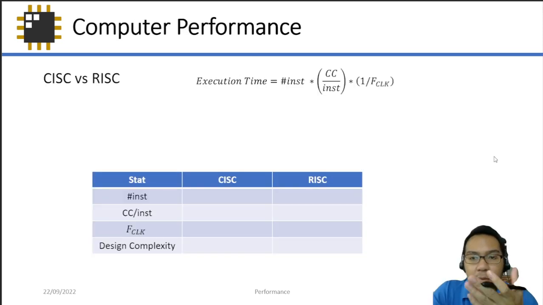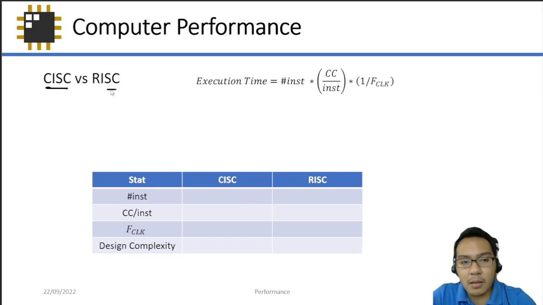There is also an impact on the performance depending on the choice of the instruction set architecture. You may have heard this before, but I'm going to repeat it again. There are these types of ISAs called complex instruction set computers and reduced instruction set computers.